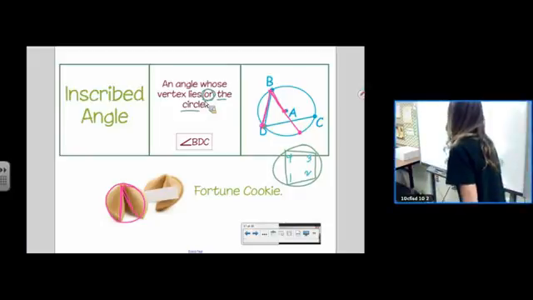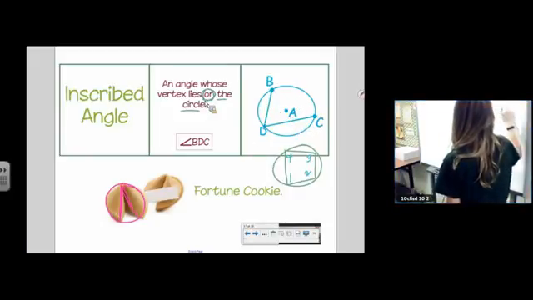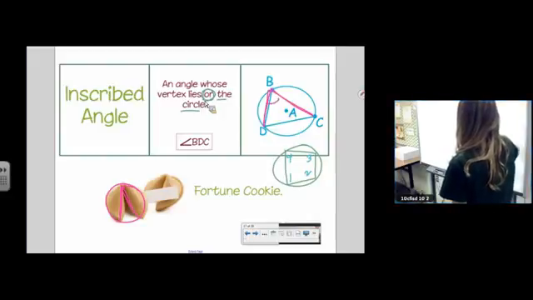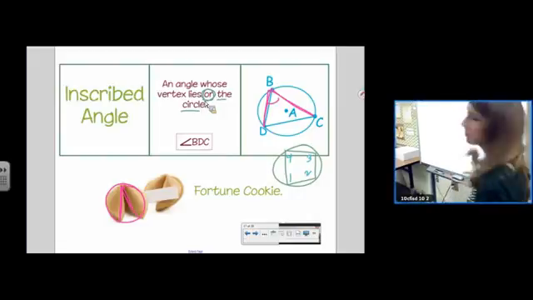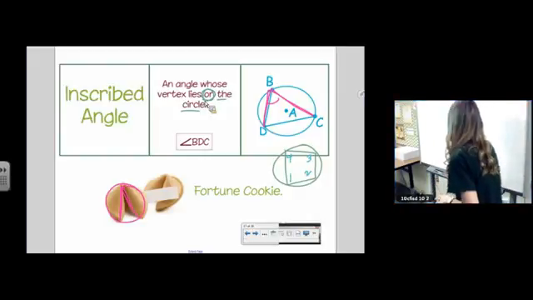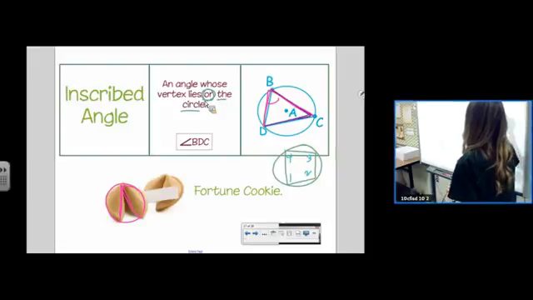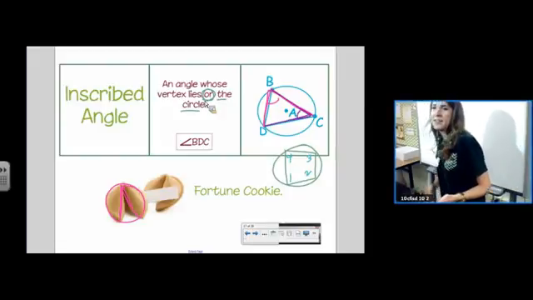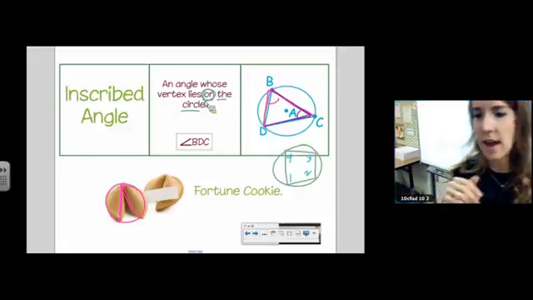So I would say if you needed to name another inscribed angle, DBC would be a great choice. Or what else did y'all say? And DCB. So you're really just naming the different angles of that triangle, right? Angle D was already named, so you could name angle B and angle C.